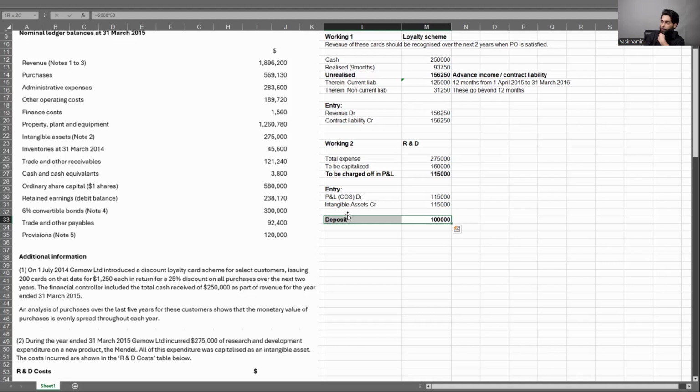All right, so there's a question. It means we have to see if the product is available for sale or not, no matter if it is launched or not. Let me be very clear. The question that a student has asked is, sir, that means whenever we need to see if we can start amortization or not, we look for the word sale.